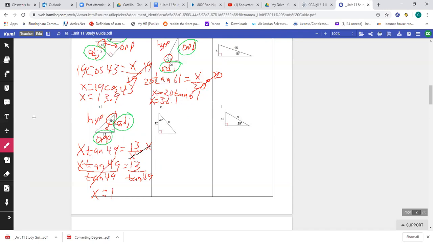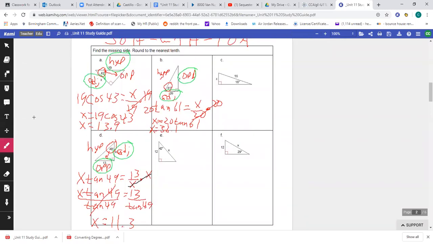And you get 11.3. So once again, try it out on your calculator. If you have an iPhone, you have to do 13 divided by 49 tan and then press equals. Everyone else, it is just 13 divided by tan 49, just how it's written. Then press equals. The iPhone, you have to do it backwards.